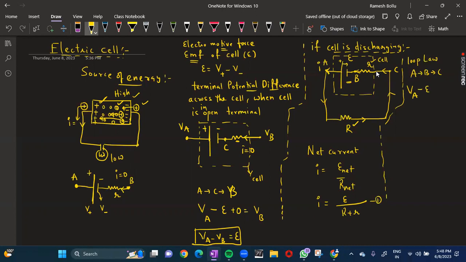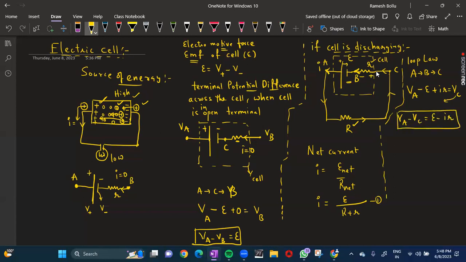EMF is E. Current is flowing in the internal resistance from high to low. When I walk from B to C, the potential will increase, so you have to keep plus. What is the potential difference across the internal resistance? I into small r, equal to VC. VC I will bring to this side. So VA minus VC equals how much? E minus I into r.